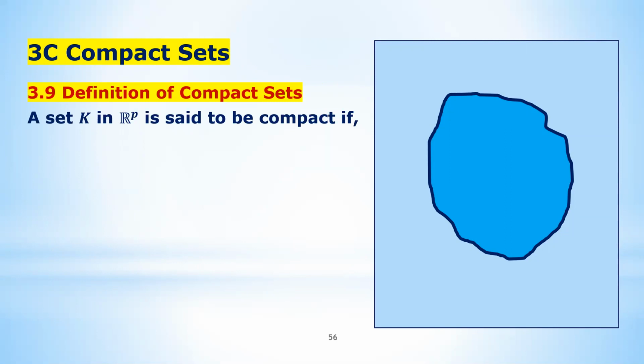Now let's say you have a set K in R^p. This set K is said to be compact if the following condition holds. The condition is a very complicated one.